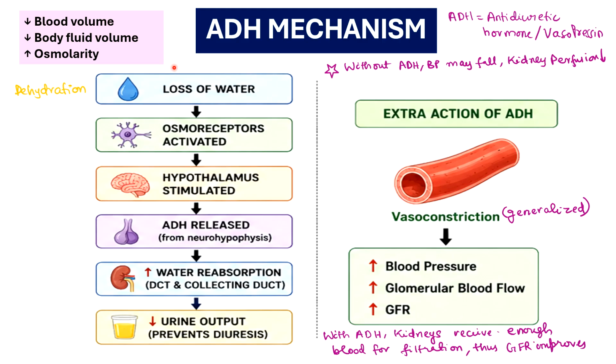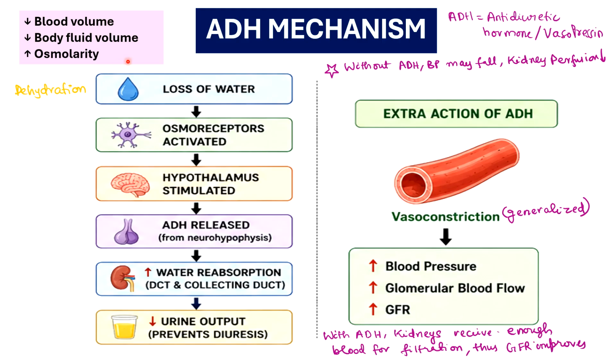Whenever there is loss of water or dehydration, the blood volume will decrease and the body fluid volume will also decrease. Why? Because the blood is 90 to 92% water. Water reduces, blood volume also reduces. Clear? And the osmolarity will increase.